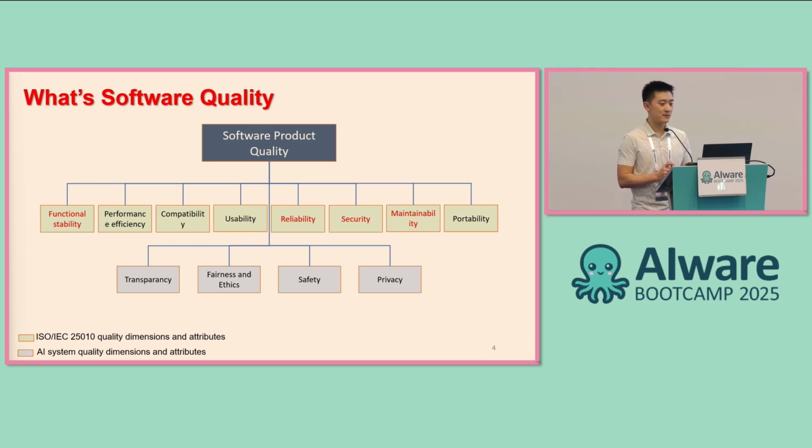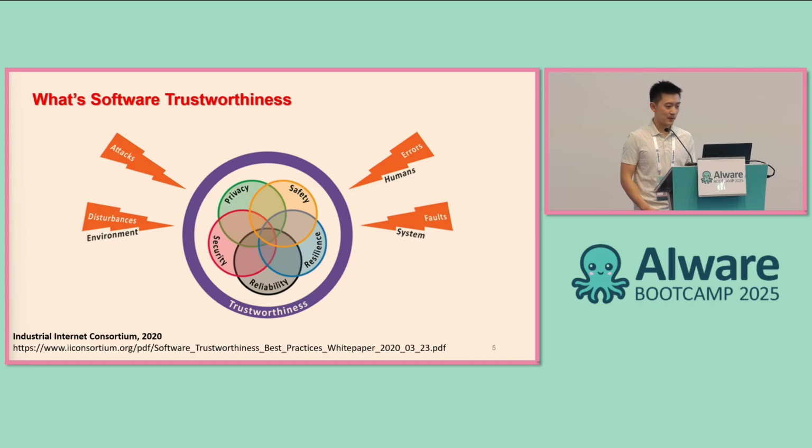There are new things that people usually talk about, like fairness, safety, privacy, transparency, that are introduced by the unique mechanism of AI itself. There are 5 dimensions people usually talk about for software trustworthiness on top of quality: privacy, safety, security, resilience, reliability.